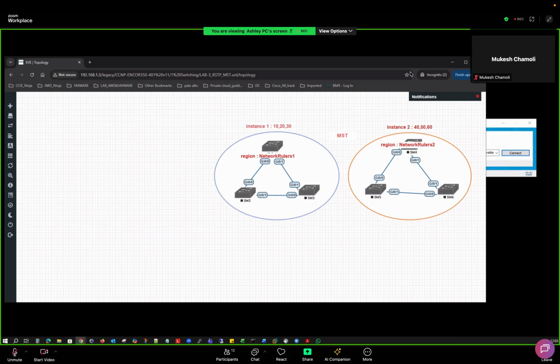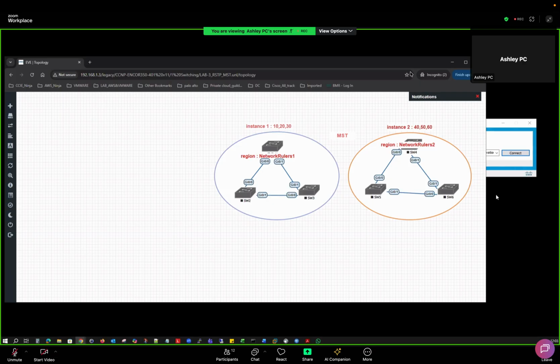Yes. Okay. Now we are going to see what is actually going to happen. Let's assume that. First, we are going to cover our MST configuration, right?